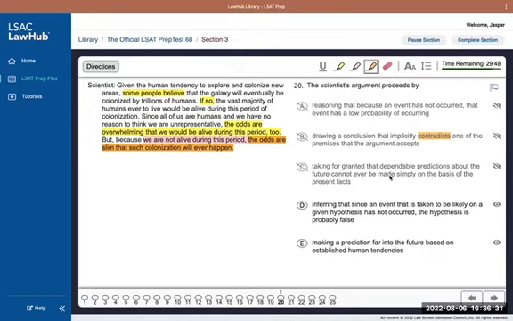D, inferring that since an event that is taken to be likely on a given hypothesis has not occurred, the hypothesis is probably false. Yeah, so I really like this one. So the event, which is the colonization of the rest of the galaxy, I guess, right? They say that's likely, right, or that we would live during that time is likely based on the hypothesis.